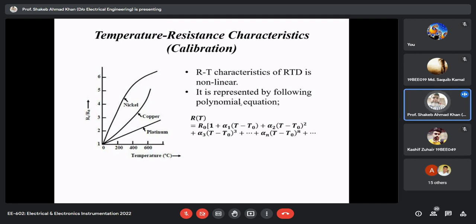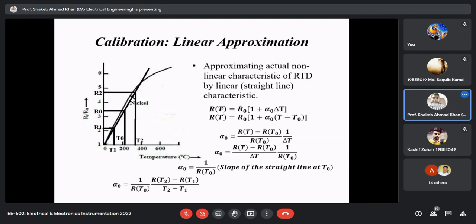The requirement of a linear relationship, a linear calibration curve, is so tempting that even if the sensor characteristic is not a straight line, we approximate it by a straight line like this. You see here, the sensor characteristic is non-linear. This is the actual sensor, how the sensor resistance is changing with the temperature. But what we did, we approximated it by a straight line.